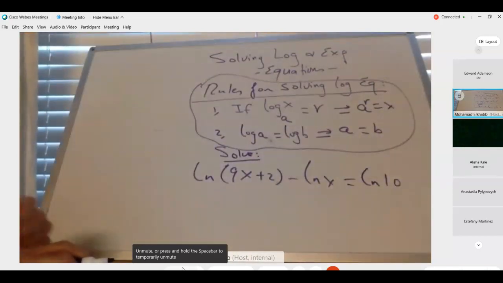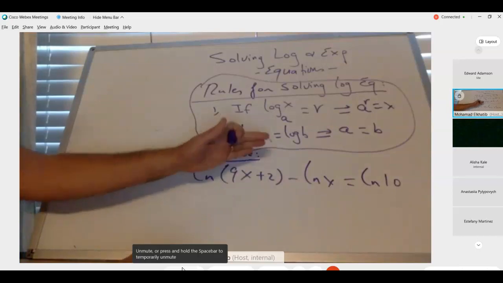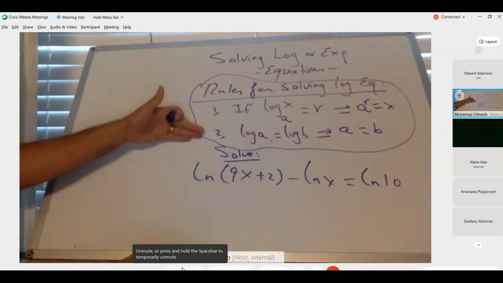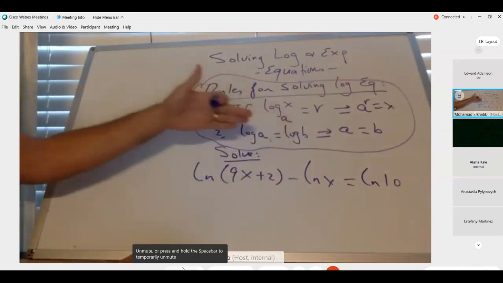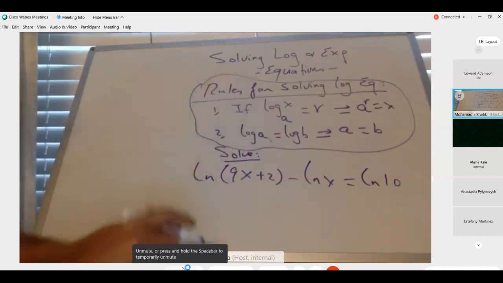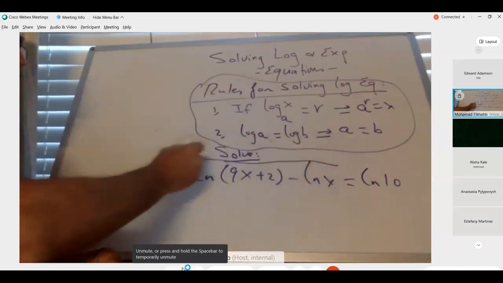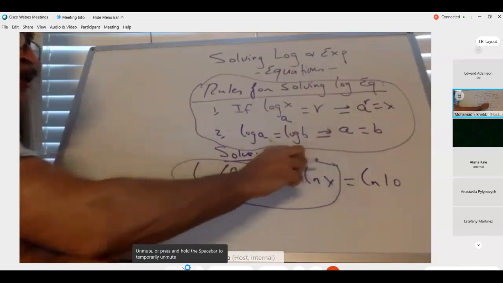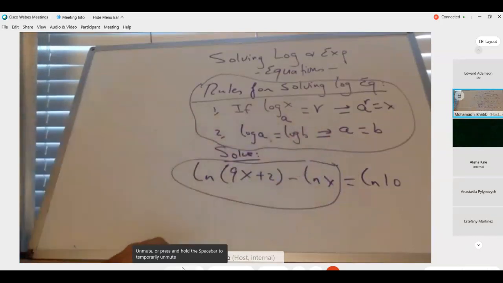All right. You notice I'm going to use rule 2. It says log A equals log B or ln A equals ln B. But here I have two ln's. I need to make them one ln term so that way I can make ln A equals ln B.